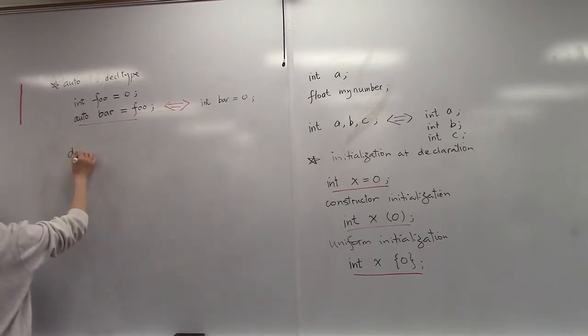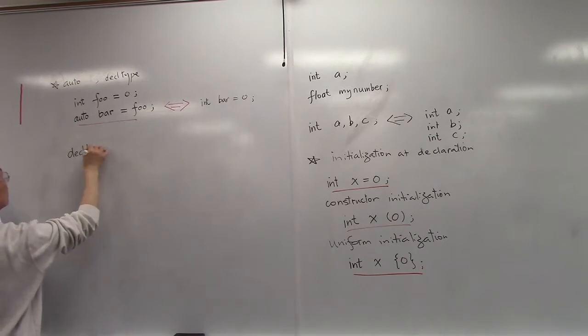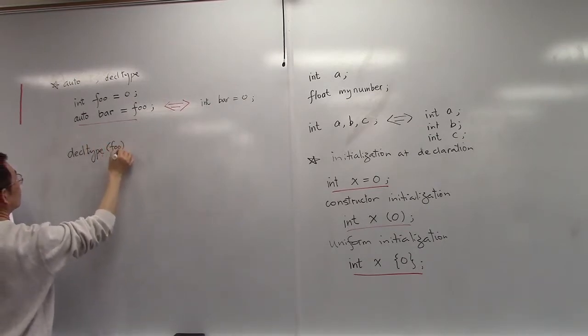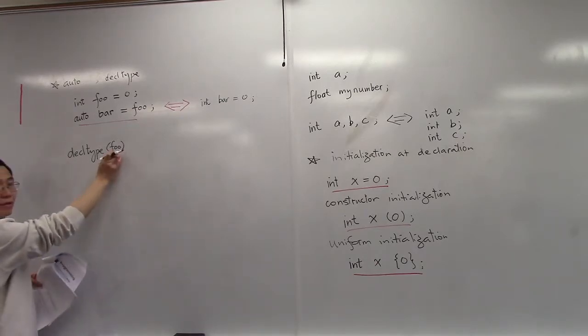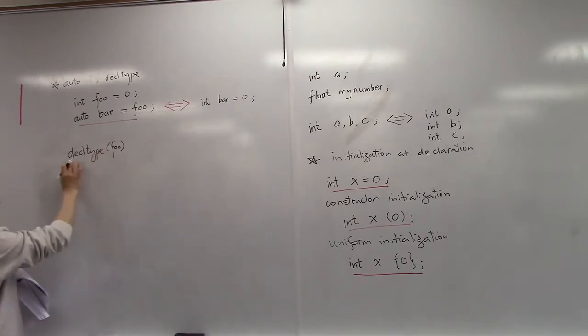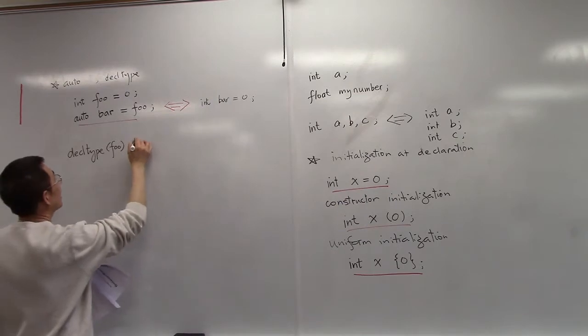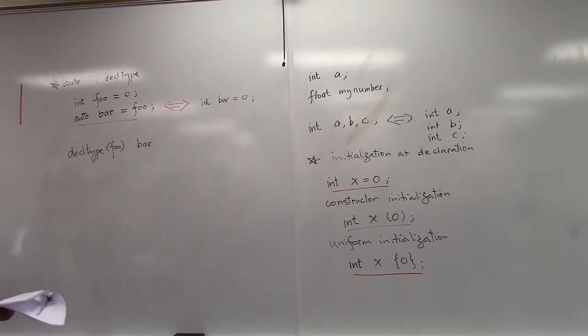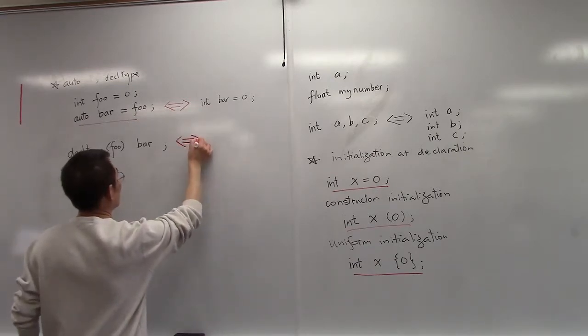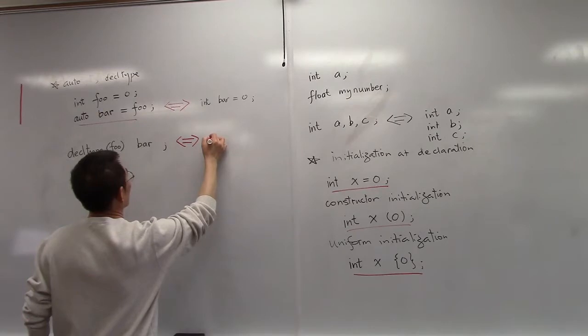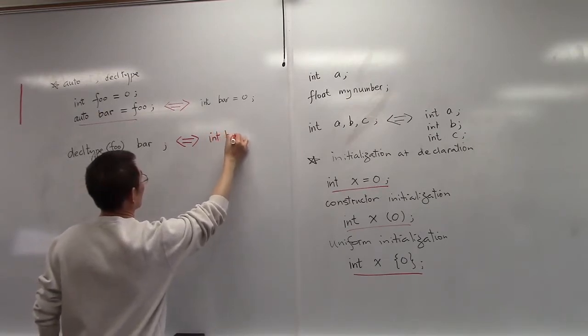If you say decltype of foo, it uses whatever type the variable foo has, just the same type, and declares bar. And again, this is totally equivalent to integer bar.